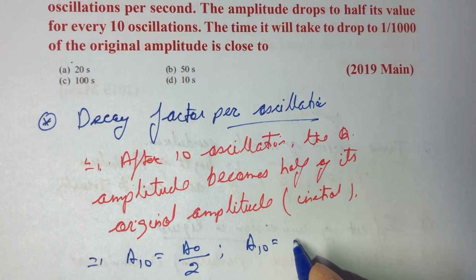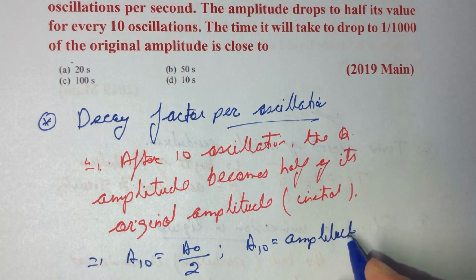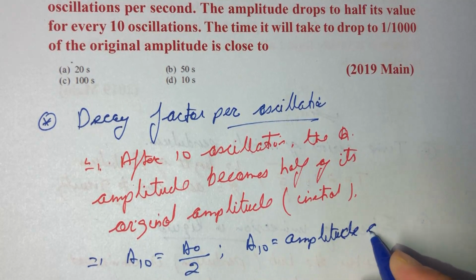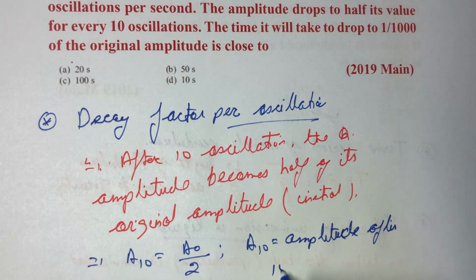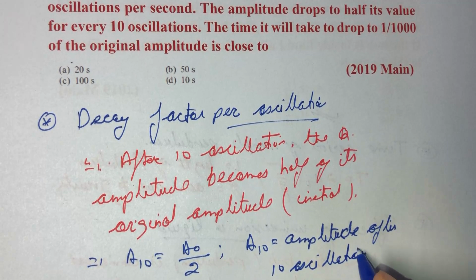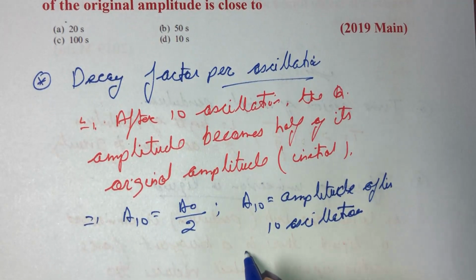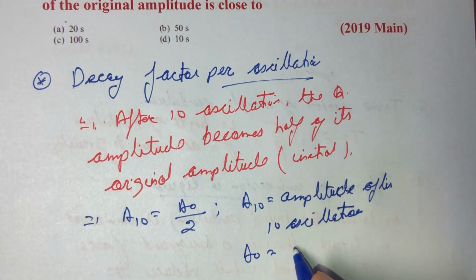A of 10 is the amplitude after 10 oscillations, and A0 is the initial amplitude.